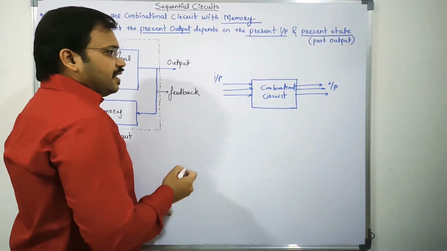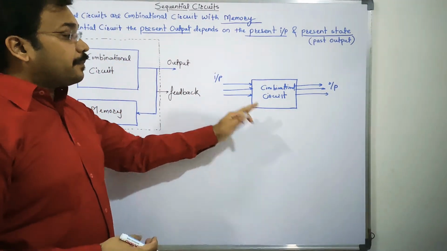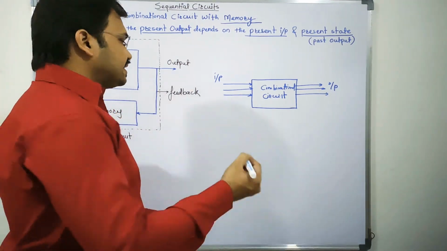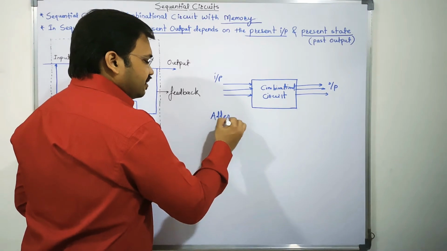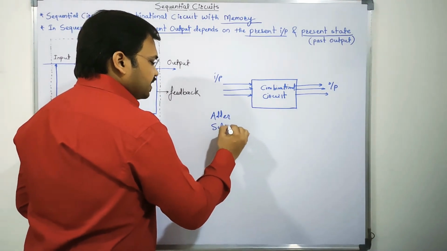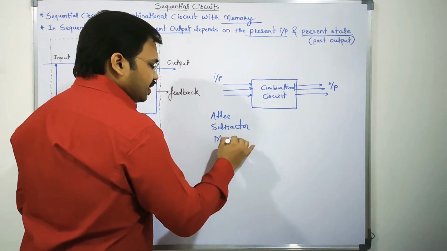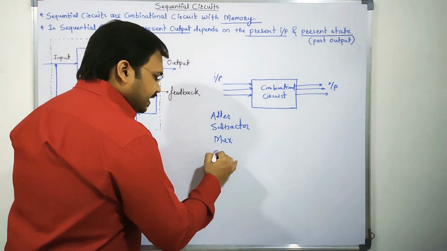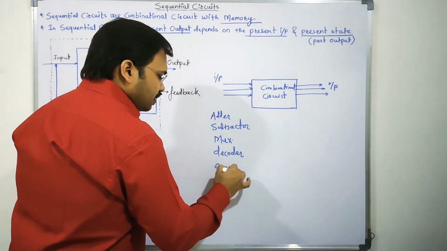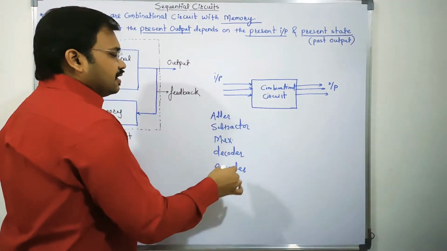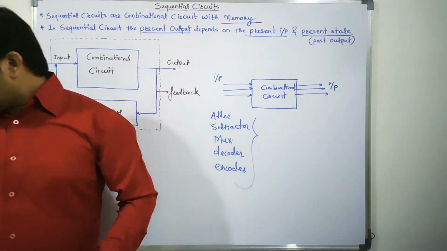We apply the input. As we already discussed in our previous video, the different applications of combinational circuits are adder, subtractor, multiplexer, decoder, and encoder.